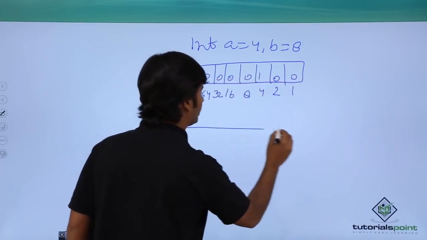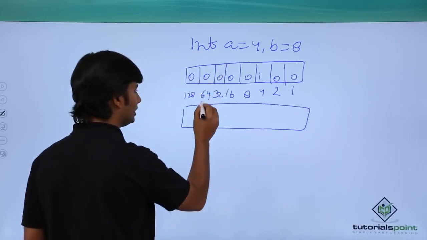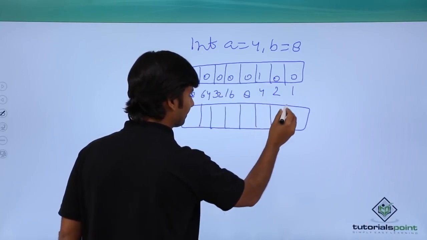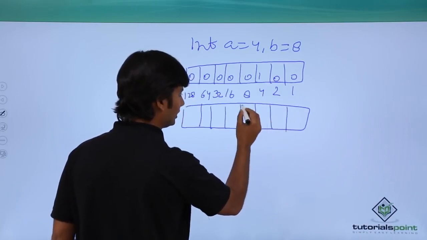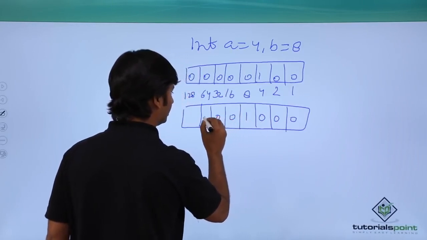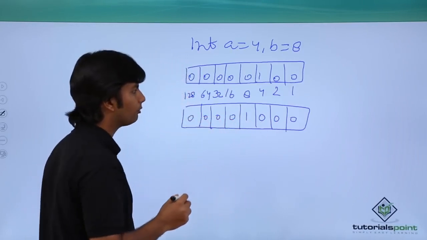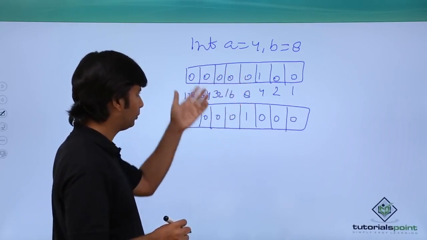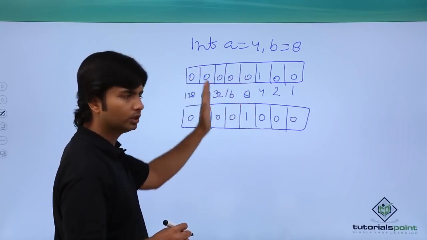Similarly, if I create one more bit for B, I will put a 1 in 8, remaining will be 0. So now whenever you perform any operation between A and B, it will be calculated on the particular bits.